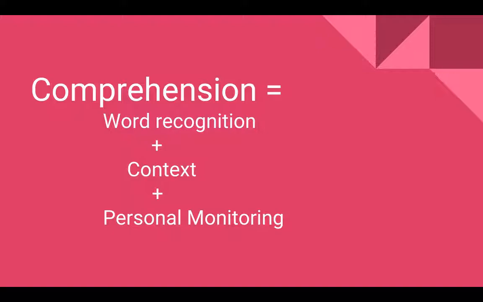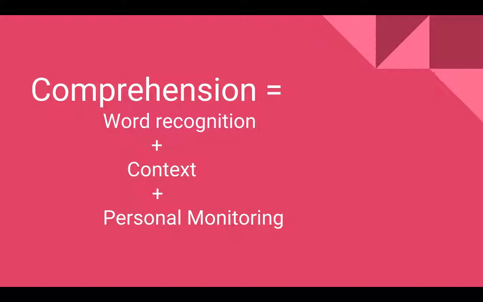And if automatic word recognition seems problematic, you can start to look to see what's going on there. The next is the context, which means that a student needs to be able to predict the words in the passage, meaning that the student begins to use context clues to draw understanding from the passage itself.